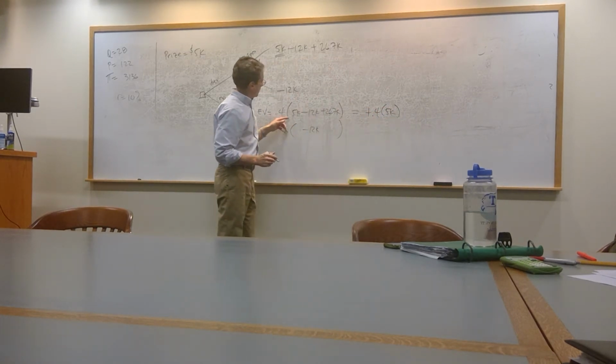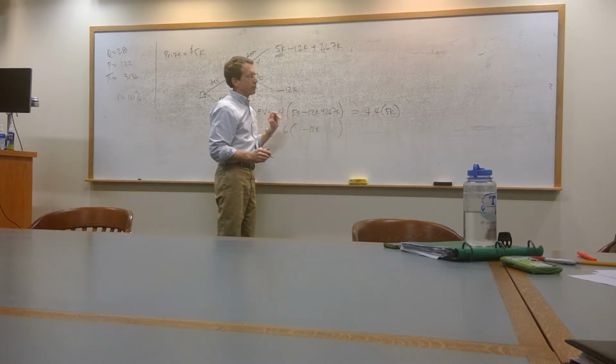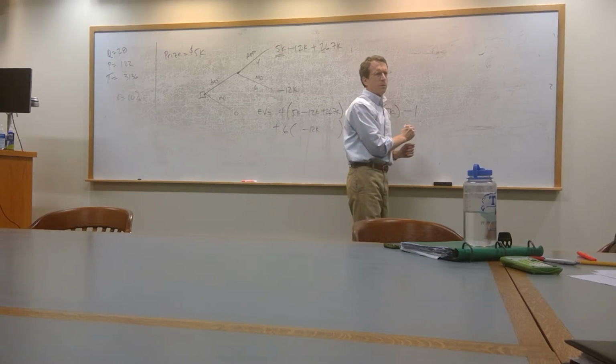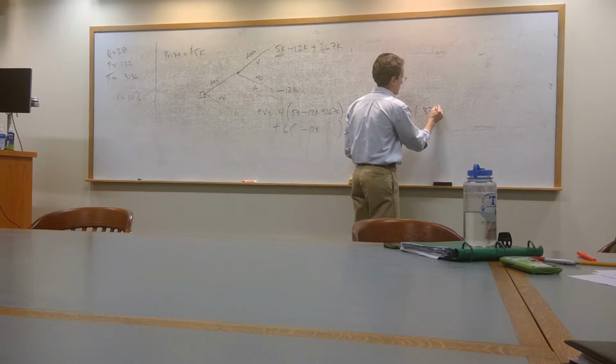It's going to be exactly what we had before, plus 0.4 times 5K. Before we had minus 1.32.